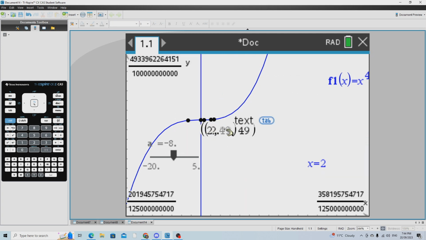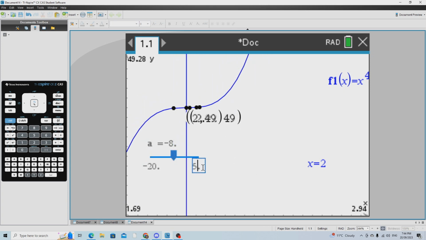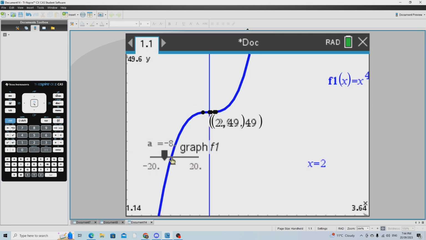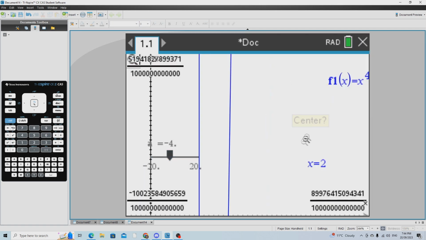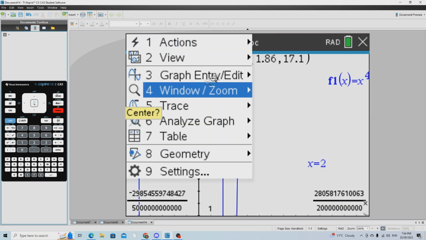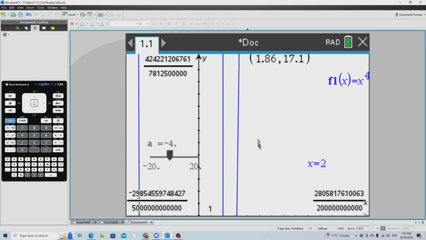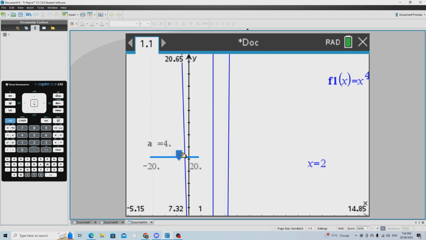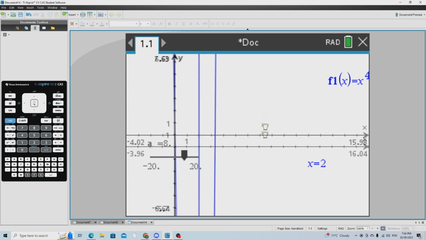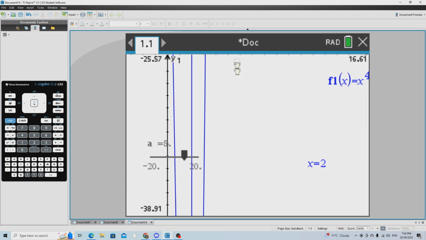So that means -8, and it says to infinity. To be safe, let's say this is to 20. Let's zoom out more. Let's say we go down, more down.